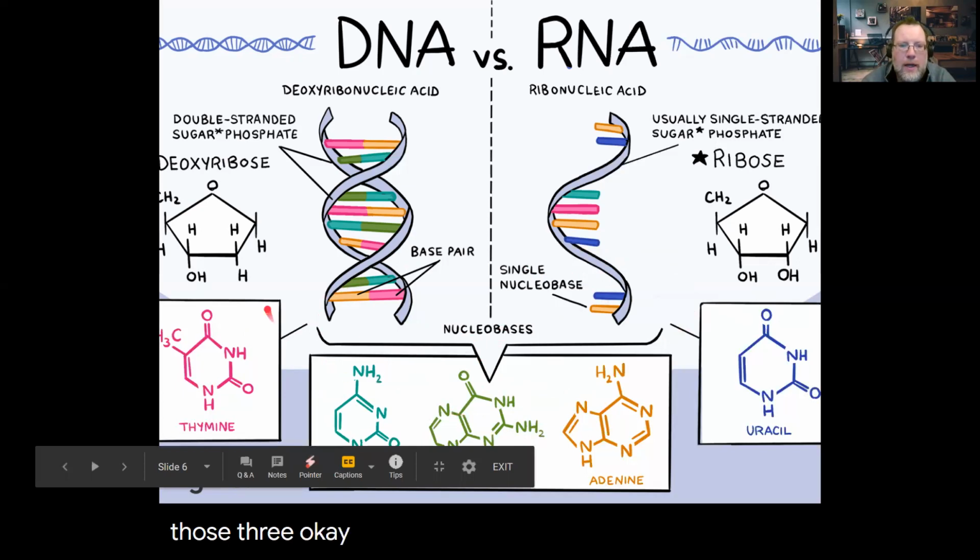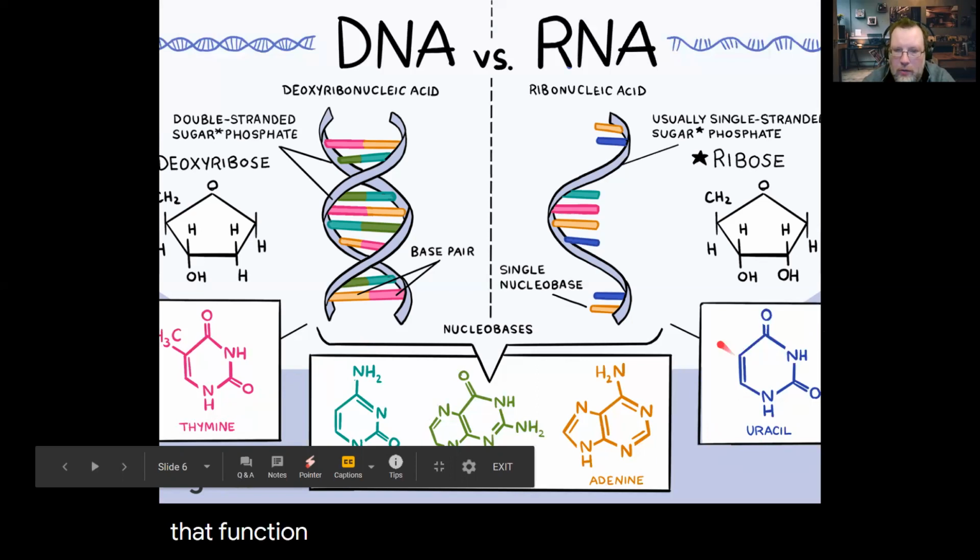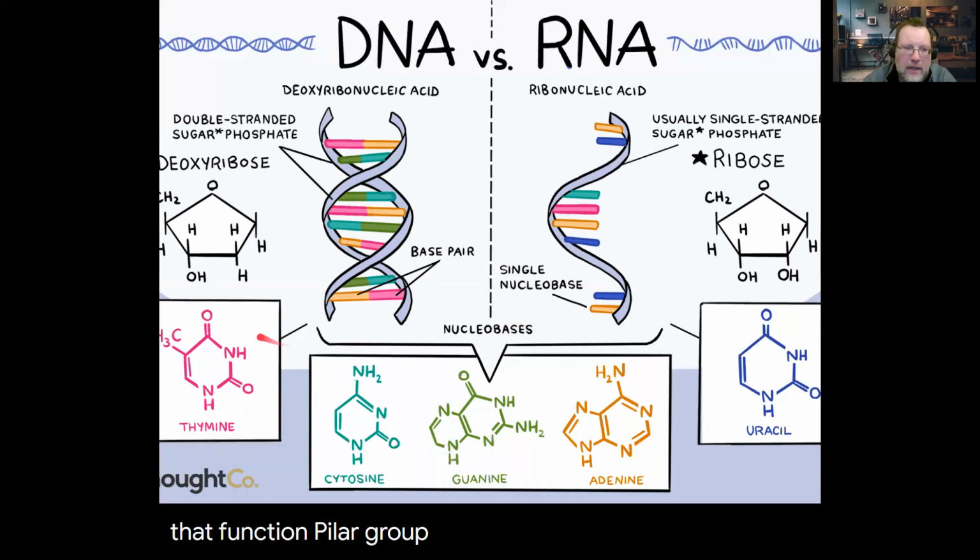Now, DNA has the T we mentioned earlier, thymine, whereas RNA is going to make a photocopy where T is, but instead of thymine, it's going to photocopy something called uracil. Basically, it's the same thing. We have that functional R group, methane, coming off of there.